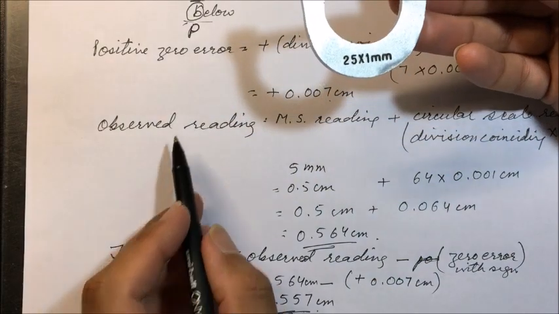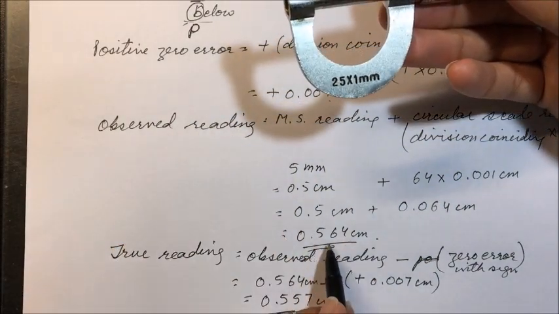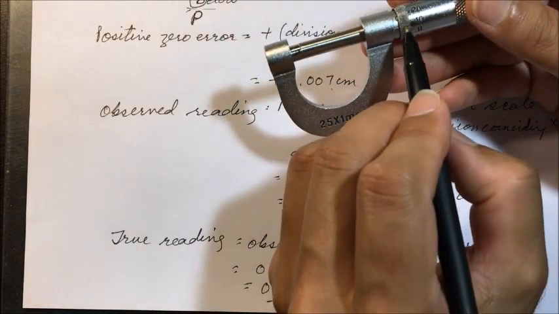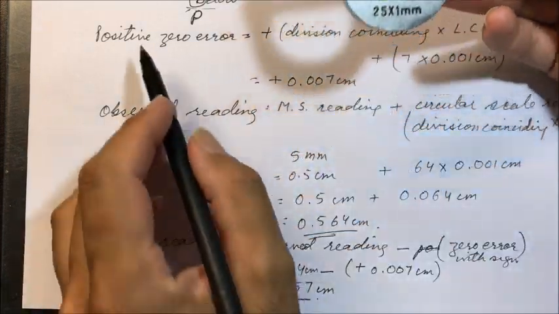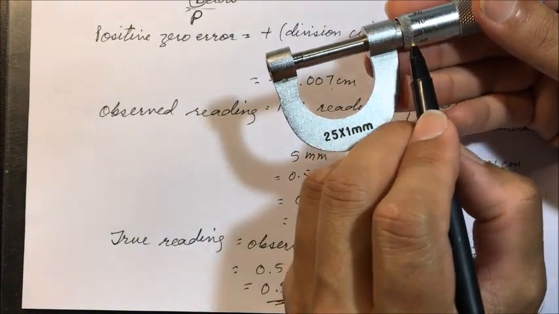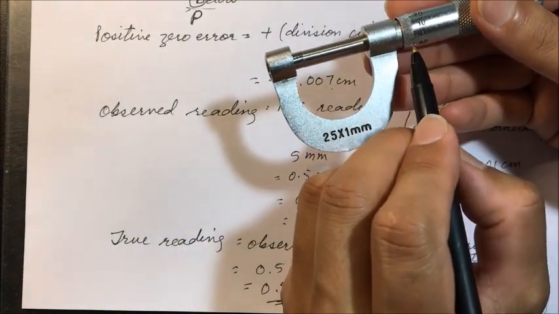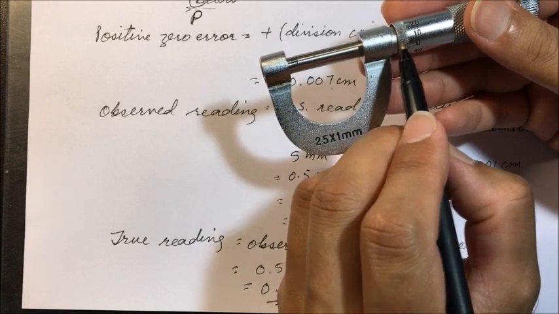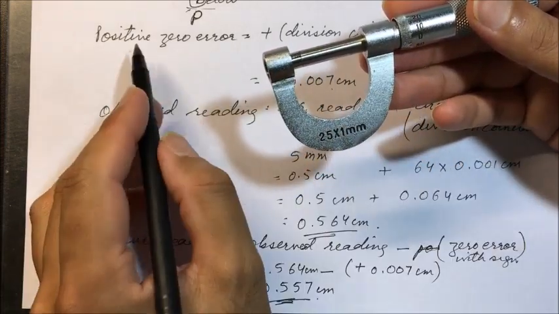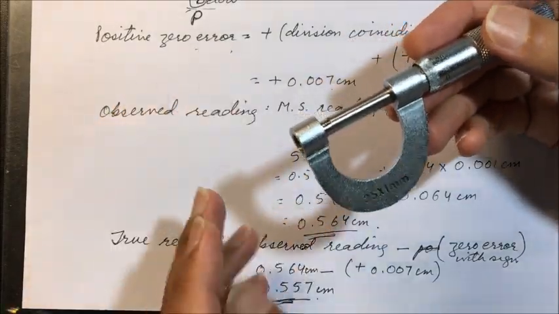Because of that, the observed reading will always be more as compared to the true reading. So to calculate the true reading, we have to subtract this extra reading, that is the positive zero error. So when the 0 of the circular scale lies below the baseline of the main scale, we say that the instrument is having positive zero error.